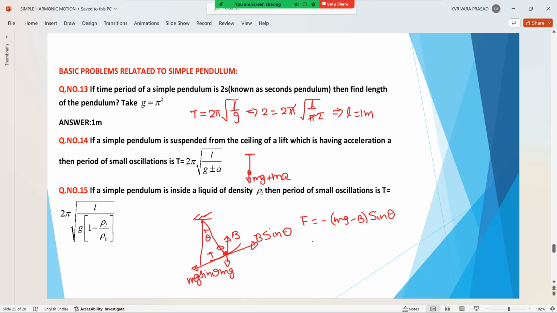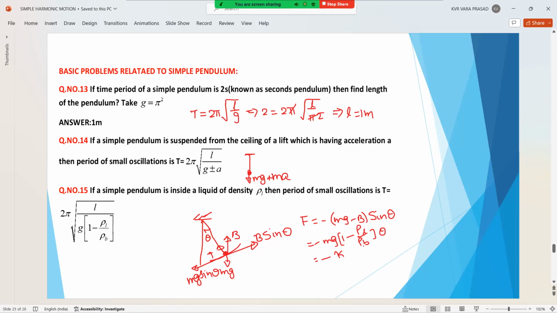Now for the remaining simplification, take mg outside. It becomes 1 minus rho L by rho B, into theta. So it is of the form minus k.